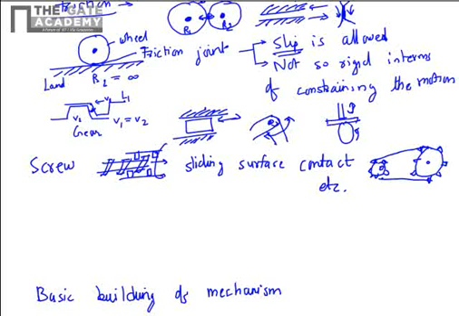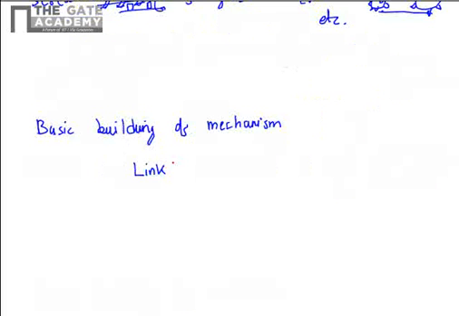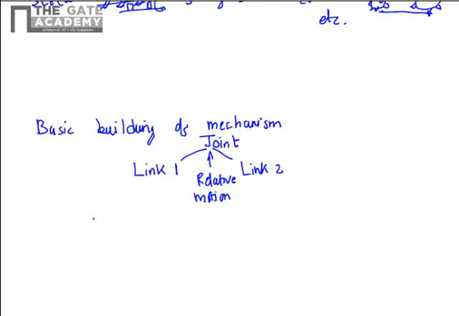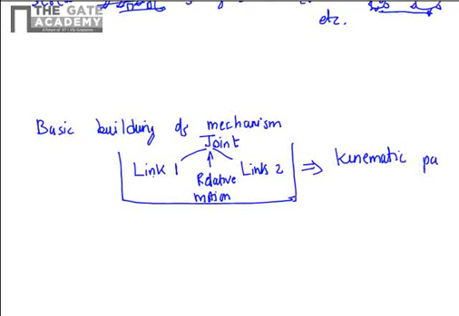So as you can see here, we have a link 1 and a link 2 which are joined together by a joint, and the joint is such that it allows some relative motion between the two links. So this full system, a system of two links joined by a joint which allows a relative motion, is called a kinematic pair.